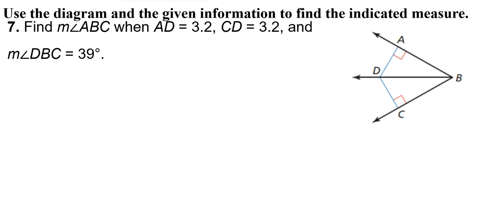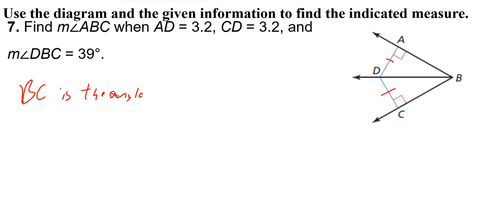Okay, another example here. Find the measure of angle ABC when AD equals 3.2. So AD equals 3.2 and CD equals 3.2, and that's the perpendicular distance. Therefore, I know that BD is the angle bisector. So I'm still figuring out my stylus.